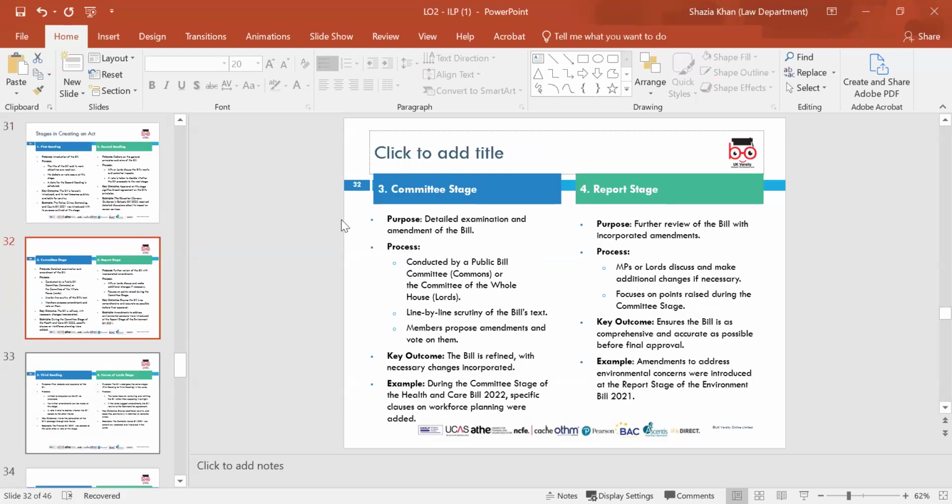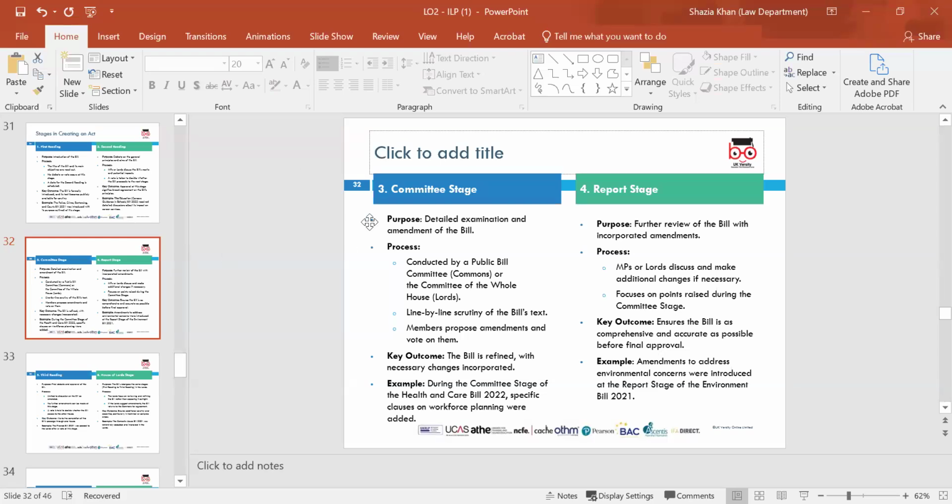element of the committee stage, which is line by line examination of the bill. So this is where the scrutiny starts coming in place of the bills, whether it should go through, if there's any sort of amendments that need to be made. They would here submit evidence to the committee to show whether our current Human Rights Act matters, whether there's a change that needs to be made.